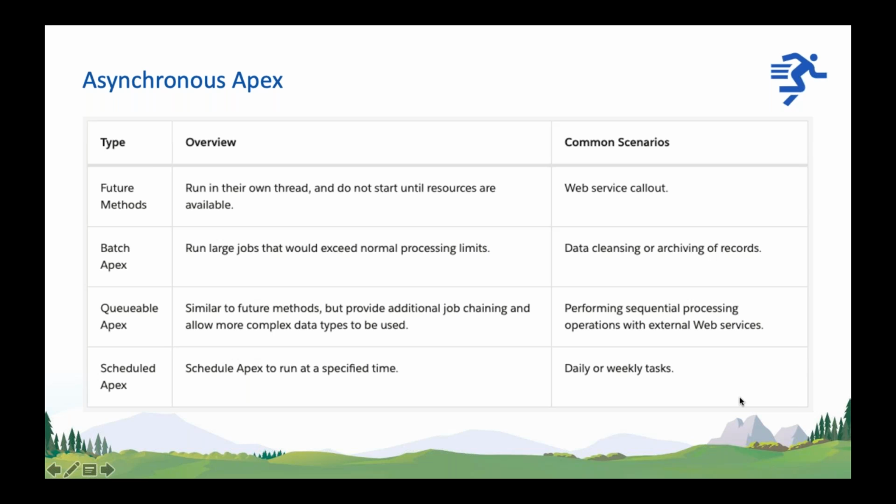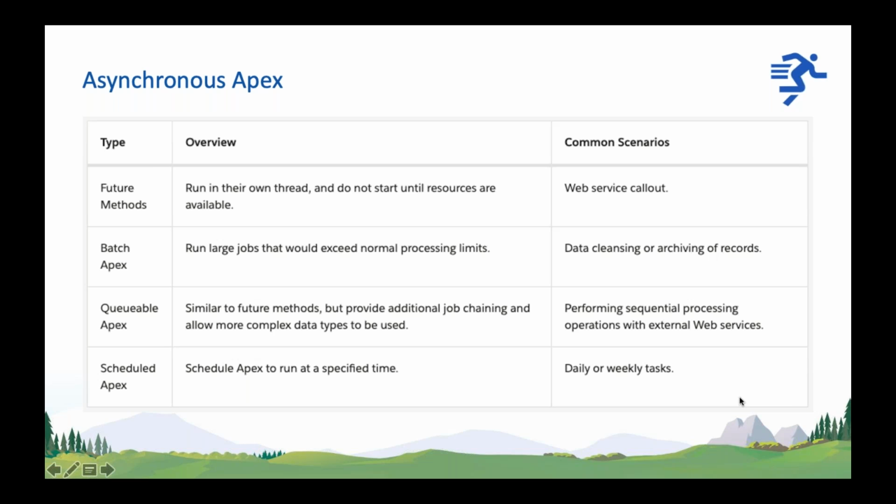Okay, I'll put it this way. Queueable Apex is a class used to queue a class. It will put something in a queue. Queue means asynchronous queue. It will put it in an asynchronous queue.